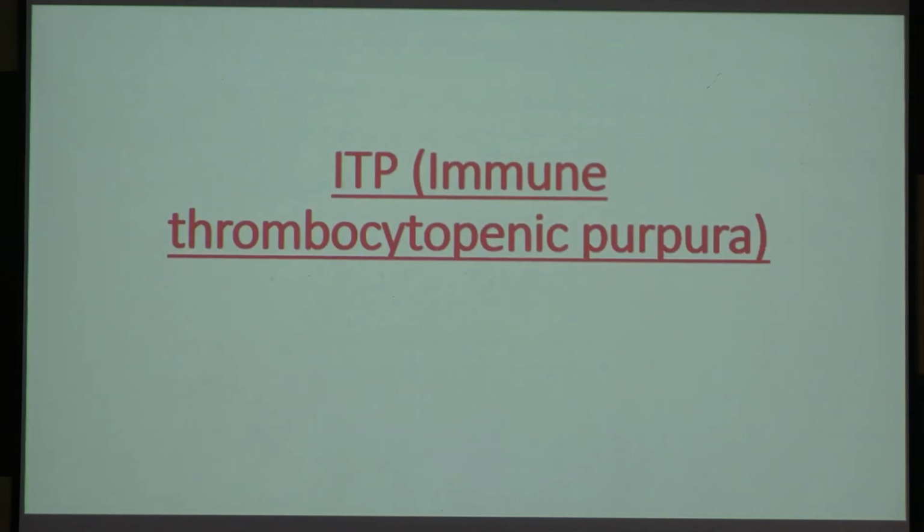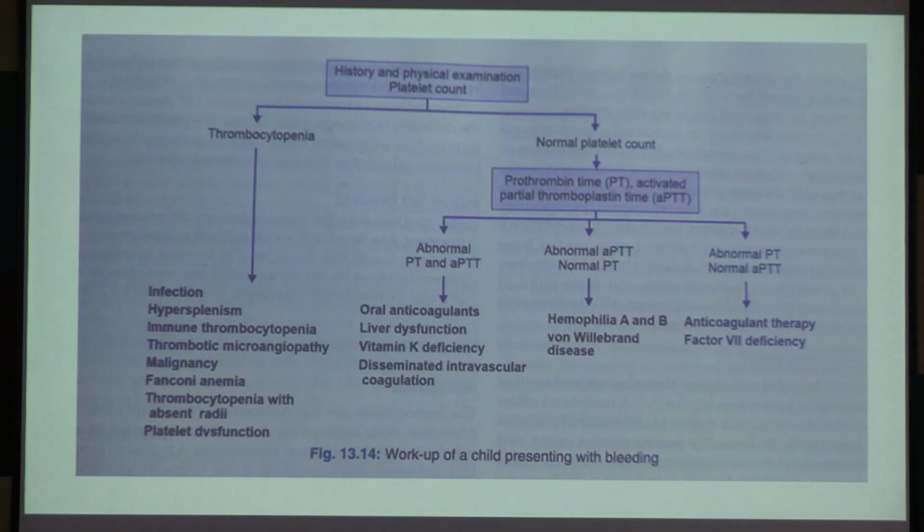Then ITP, previously it was called idiopathic thrombocytopenic purpura, now it is called immune thrombocytopenic purpura. If a patient comes, first we will take history, do physical examination and blood for total platelet count. So platelet count may be normal or may show thrombocytopenia, reduced platelet count.